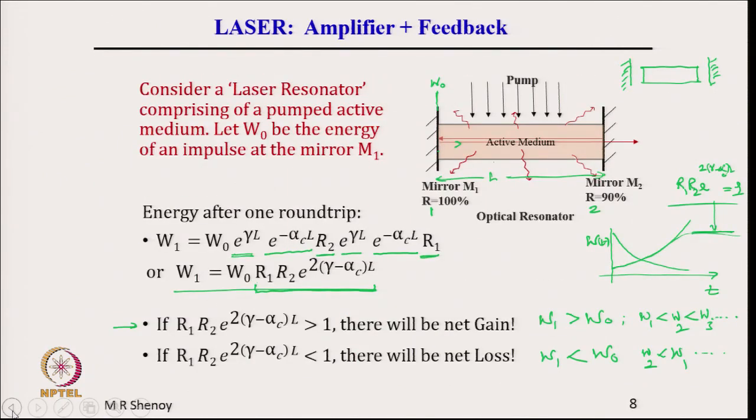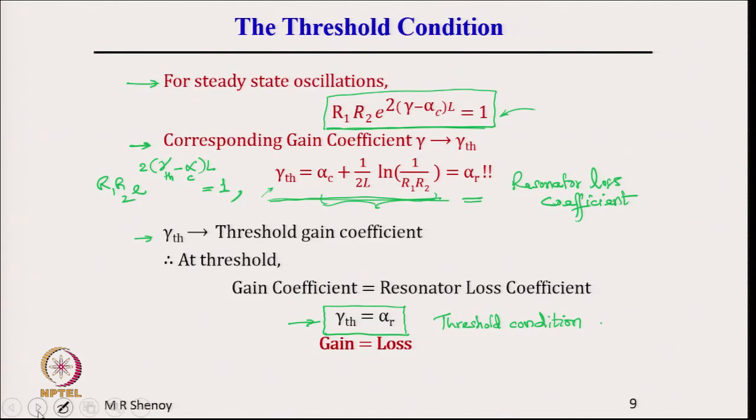The intensity in one case will build up exponentially, and at steady state it will remain, otherwise it will either get exponentially built up in the case when this is satisfied, that is R1 into R2 into this is greater than 1, or it will exponentially decrease when we have this situation. So, this is applied in that discussion now.